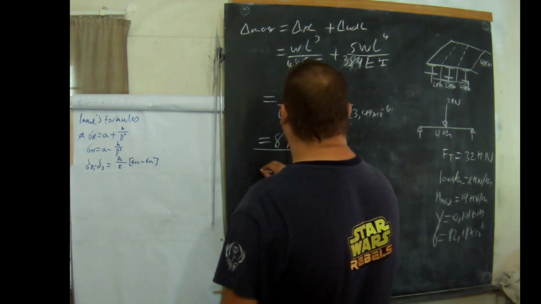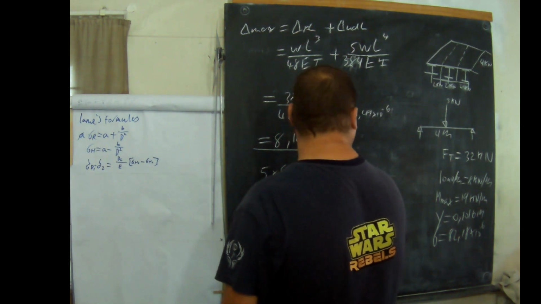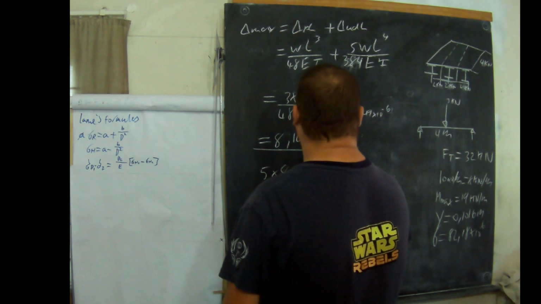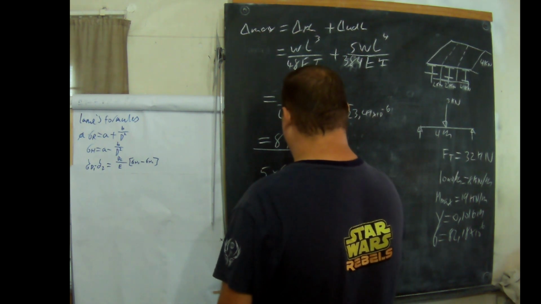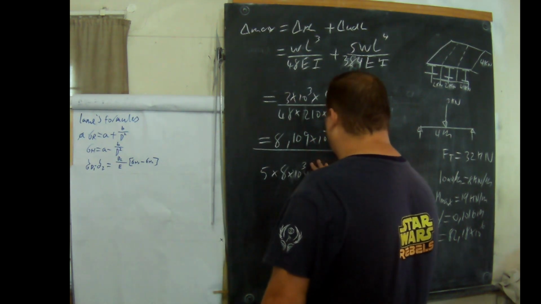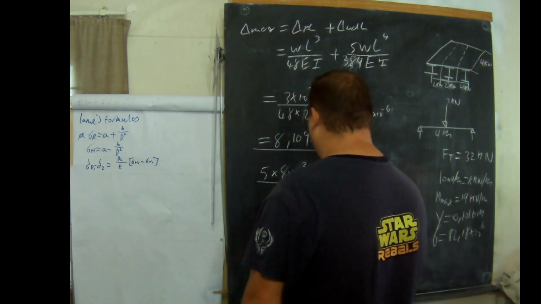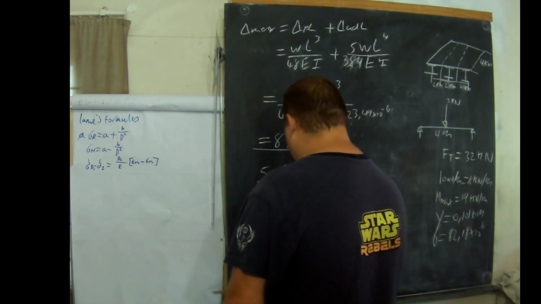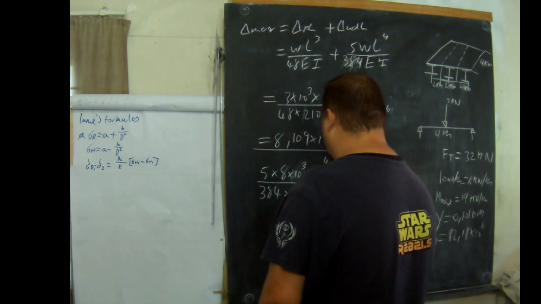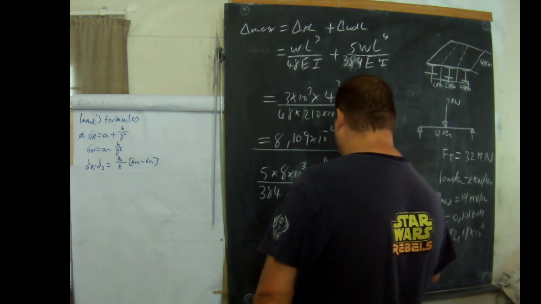So this is 5 times our UDL, which is 8 times 10 to the 3, times 4 to the power 4 all over 384 times 210 times 10 to the 9 times 23,49 times 10 to the minus 6.